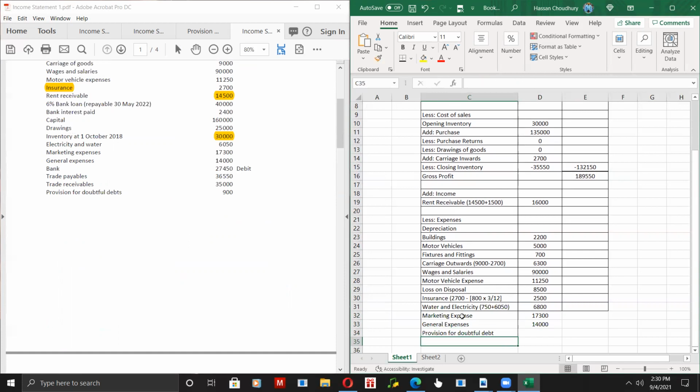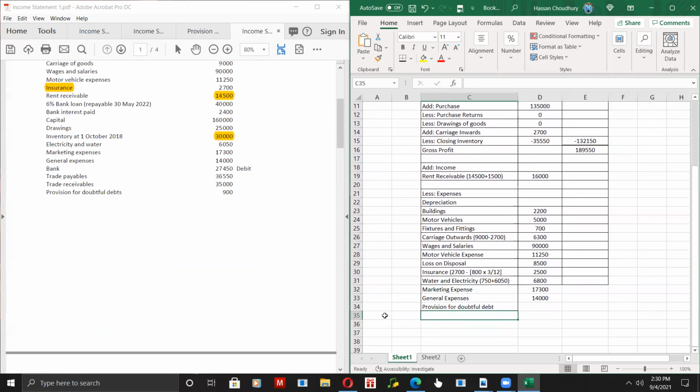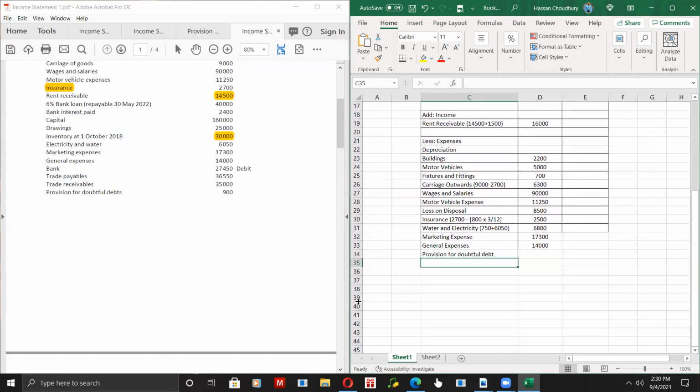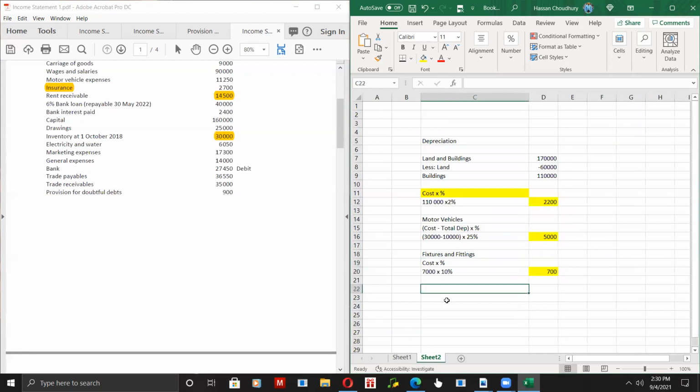For provision for doubtful debt, you gotta know there's a formula here. The formula is trade receivable minus bad debt into your percentage, so you put brackets around.